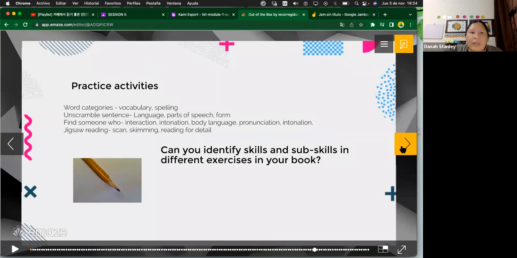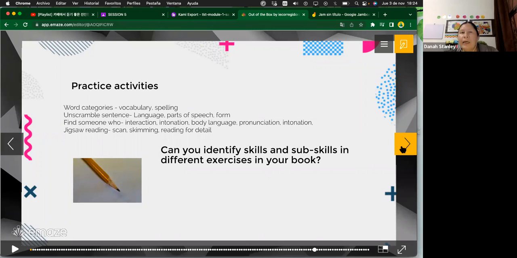For the practice activities, I know that I have controlled, semi-controlled, and free, but I want to invite you to analyze and think about the practice activities and see them in a different way. Check the kind of practice activities you have in your book.